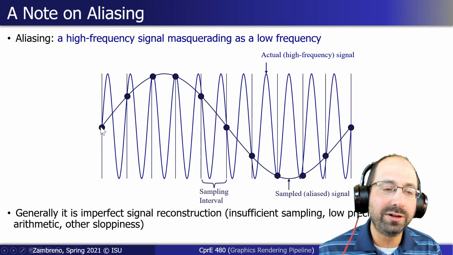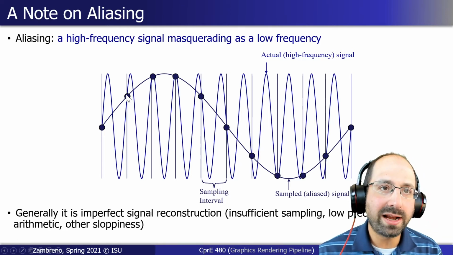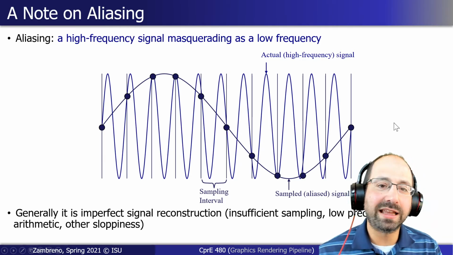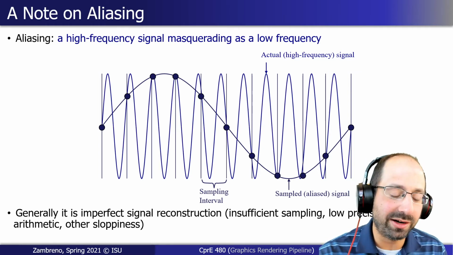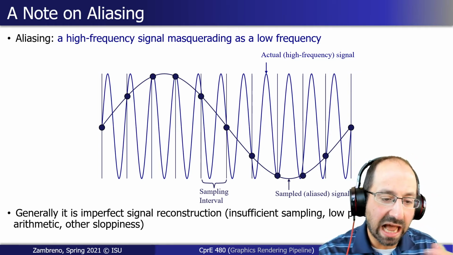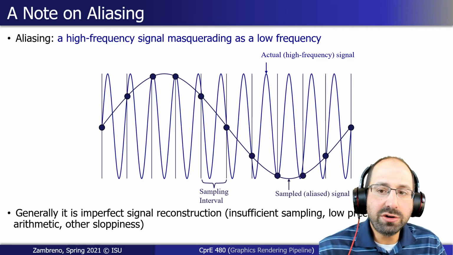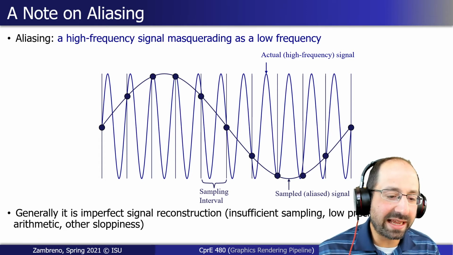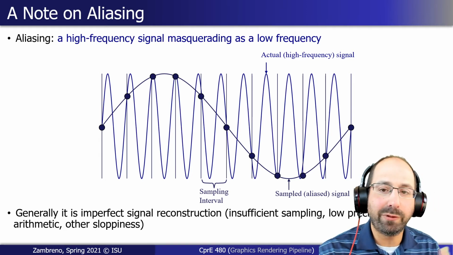I'm grabbing a real analog signal and I'm not sampling it fast enough, you may wind up with a sample that's extremely misleading, or at least has serious aliasing here. It's not capturing the actual higher order information of this signal. In general, it's a signal that you can't perfectly reconstruct because you haven't been grabbing the information fast enough.